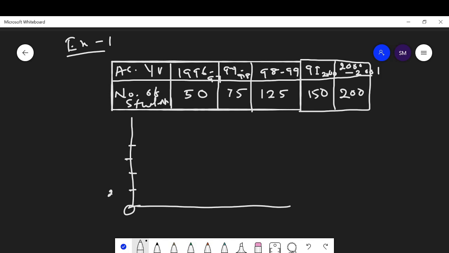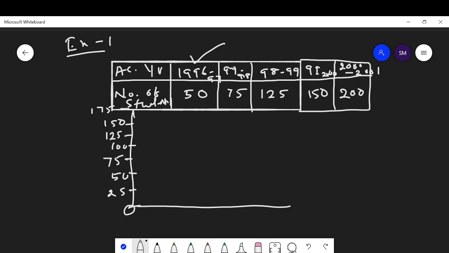This is 25, this is 50, next 75, then 100, next 125, then 150, and in this way 175.